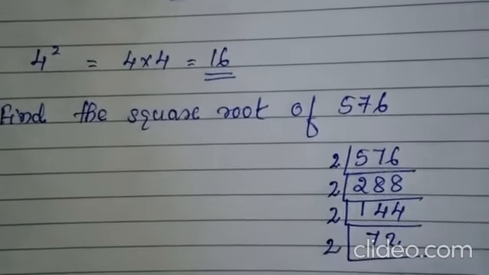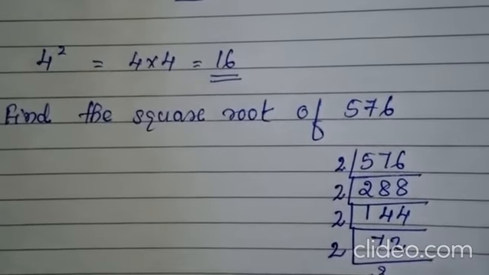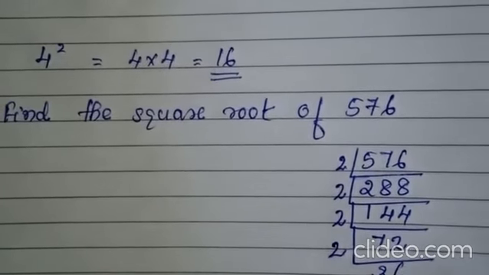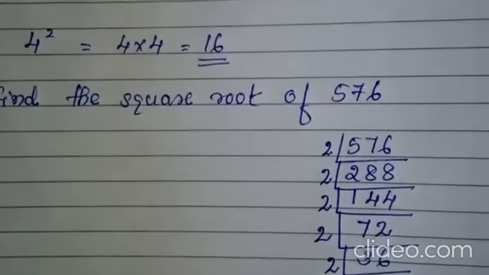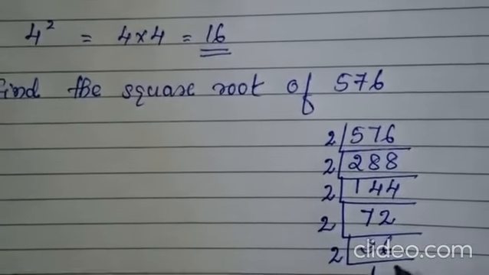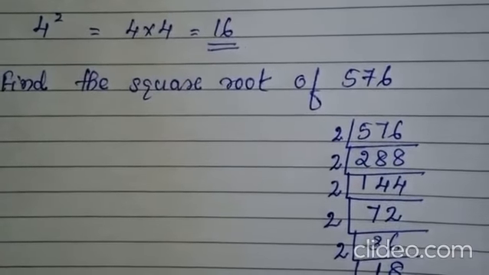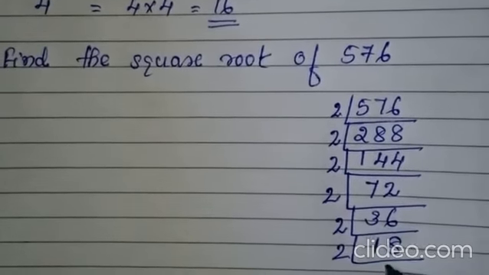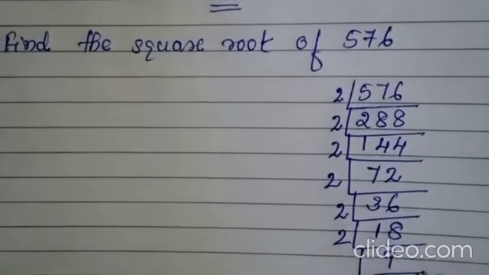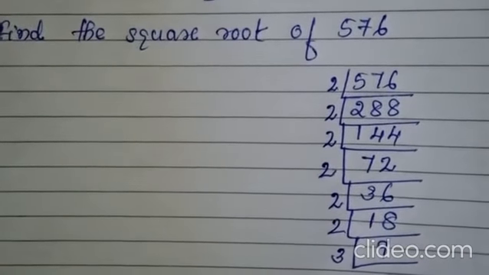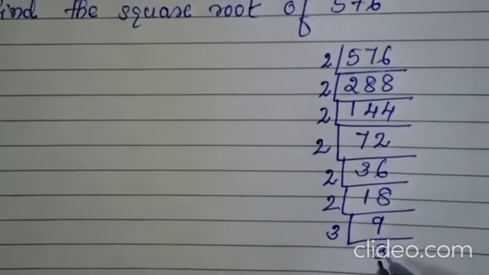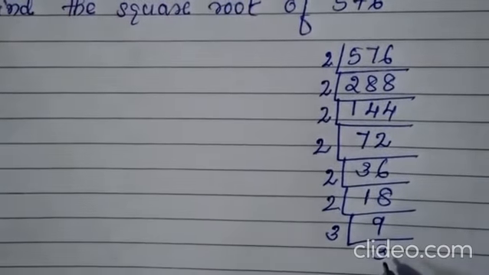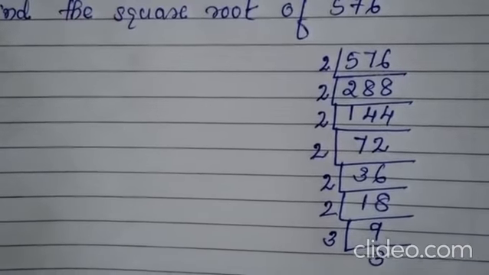Again 2, 36. Again 2, we will get 18. Again 2, we will get 9. 9, we will get the table of 3. 3 3s are 9. So, can we write like this?